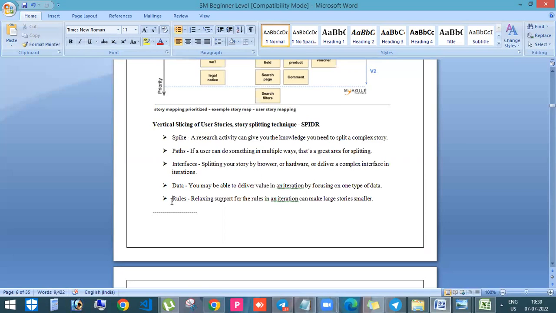Rules means what rules can make your large user stories look smaller. It is relaxing support for the rules. Your intention should be how small we can split the stories, so for that, what rules we can follow. That's it.